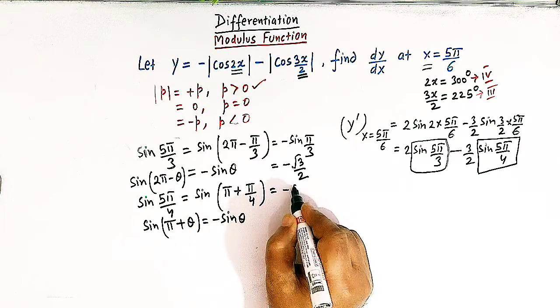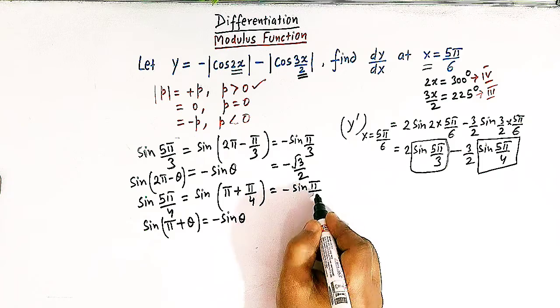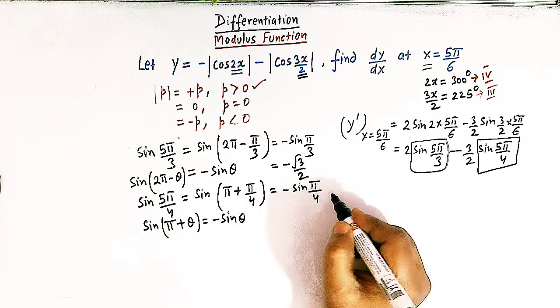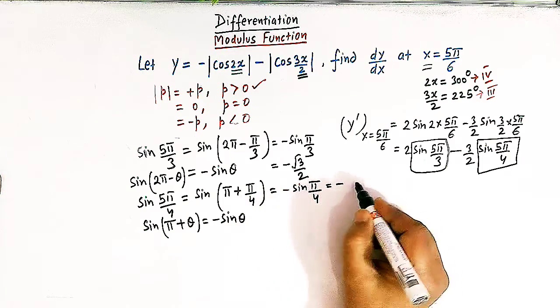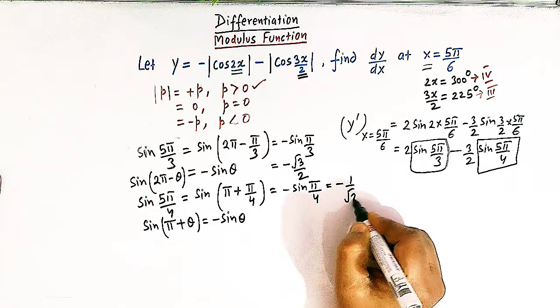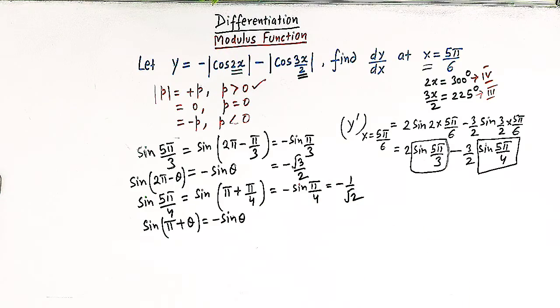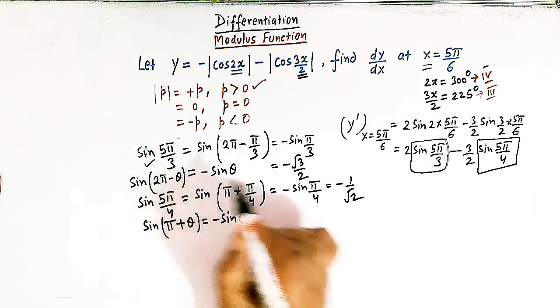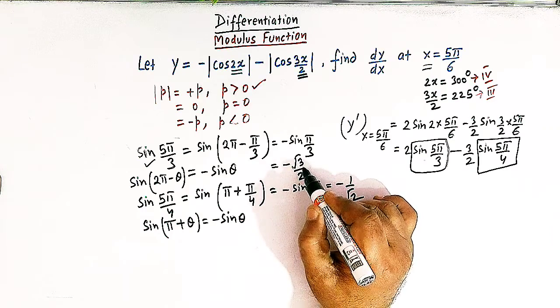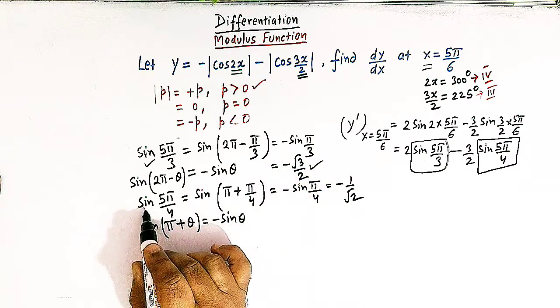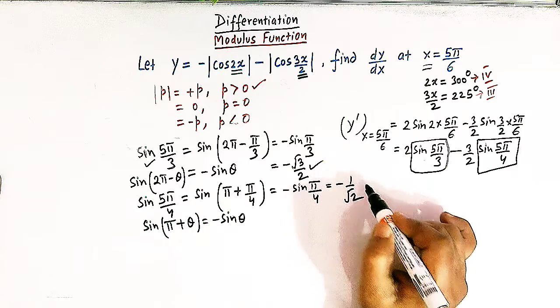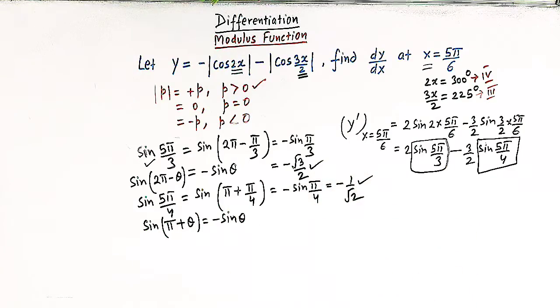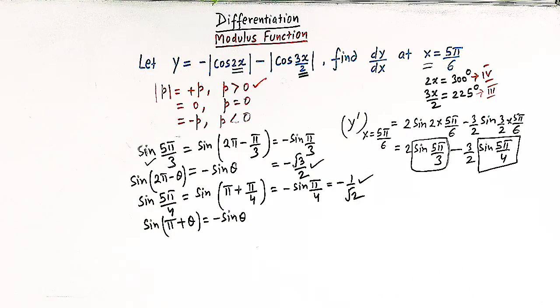So here we have minus sine pi by 4, and sine pi by 4 is sine 45 degrees. So we have minus 1 over square root of 2, right? So sine 5 pi by 3 is minus square root of 3 over 2, and sine 5 pi by 4 is minus 1 over square root of 2.